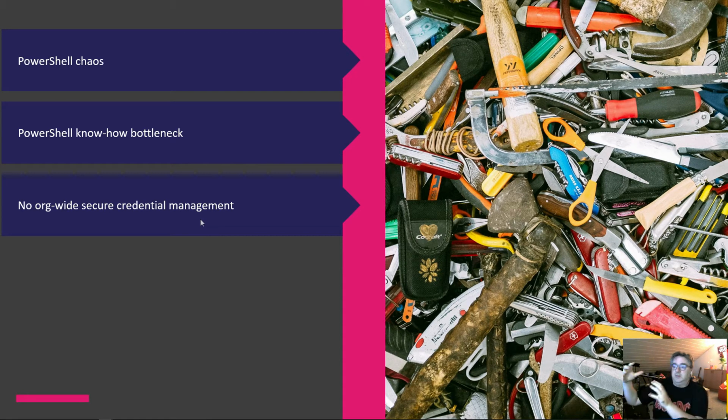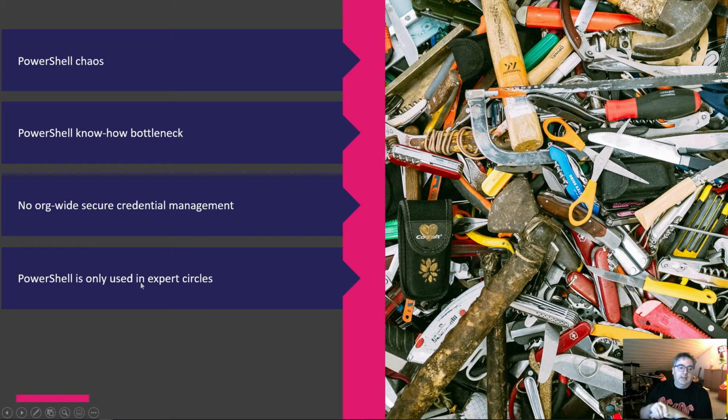Because I don't want to give these people my credentials, for example. So by default, there is no real org-wide secure credential management in PowerShell. And that leads to the fact that if you're using PowerShell, it's typically really the expert circle. It's like the high priests in the magic circles of PowerShell and automation.